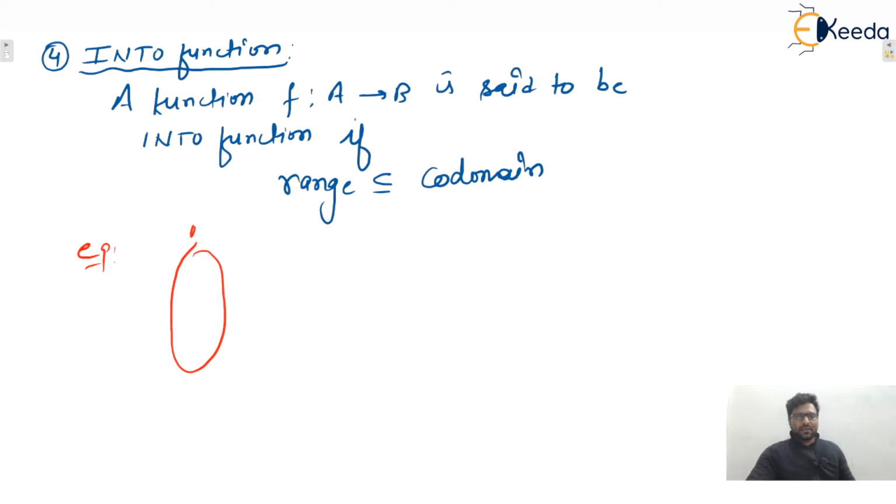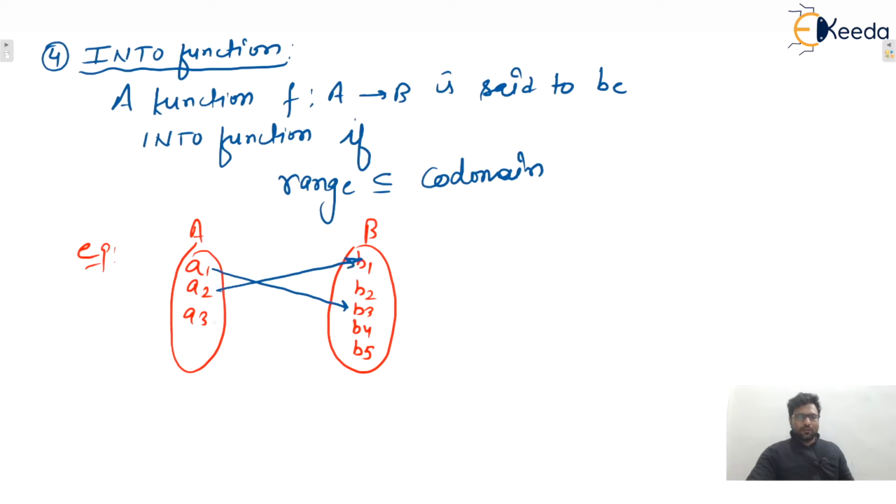Let's say this is set A and this is set B, and in A the elements are A1, A2, A3, and in set B the elements are B1, B2, B3, B4 and B5. Now let us consider one mapping: A1 is mapped with B3, A2 with B1, and A3 with B2.